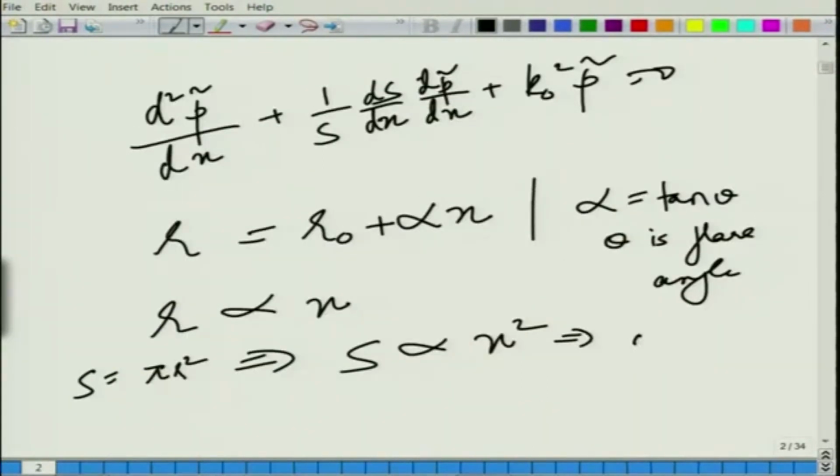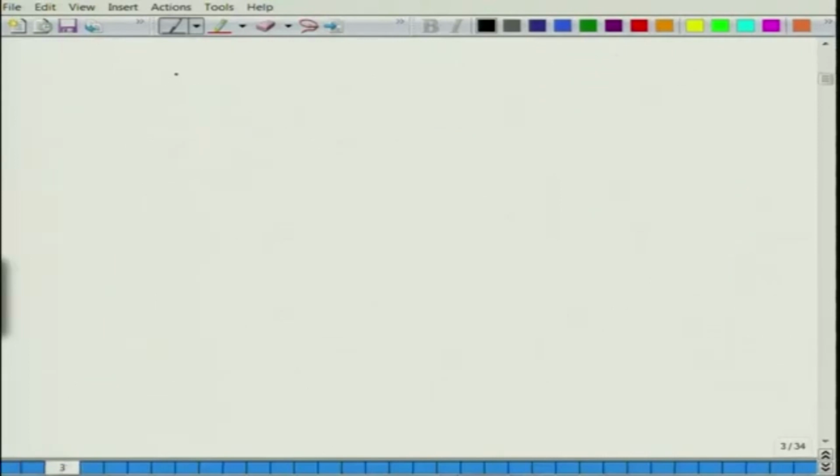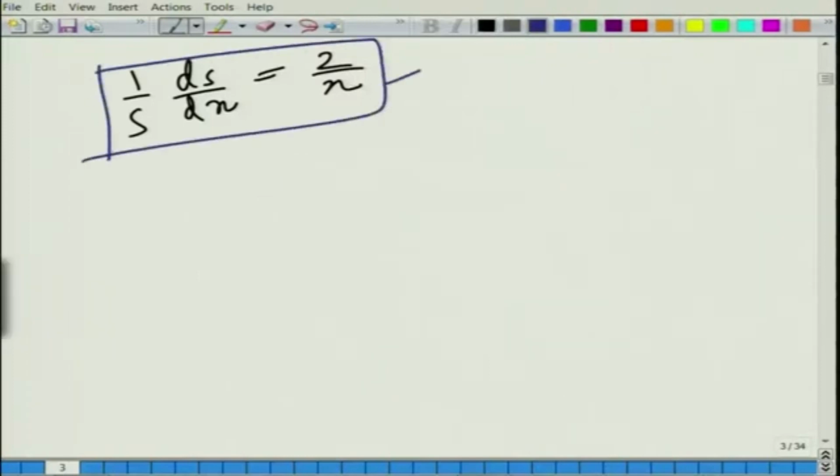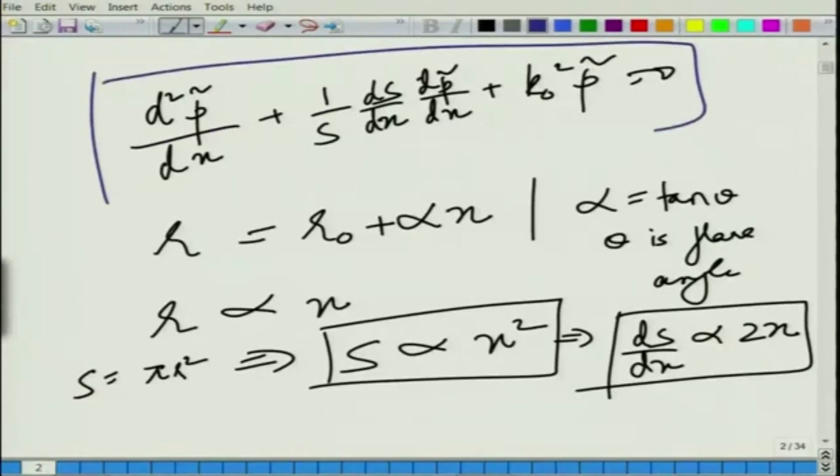This implies that dS/dx is proportional to 2 times x, and this would further mean that 1 by S into dS/dx is equal to 2 by x. So, we can substitute this in the Webster's equation.